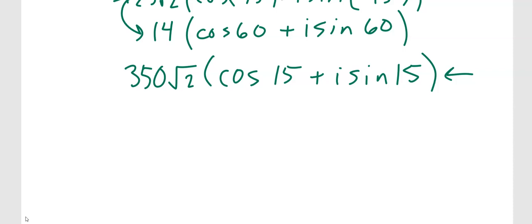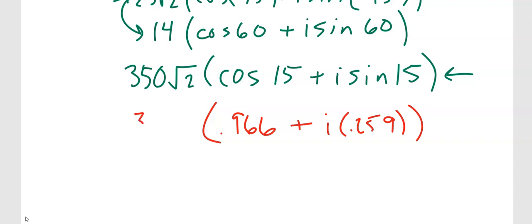The cosine of 15 is going to be like 0.966 plus i, and then the sine of 15 is 0.259, something like that. And then, of course, we're multiplying this by 350 radical 2. So if I just took 350 times radical 2 times the cosine of 15, that would do it all for me at the same time.